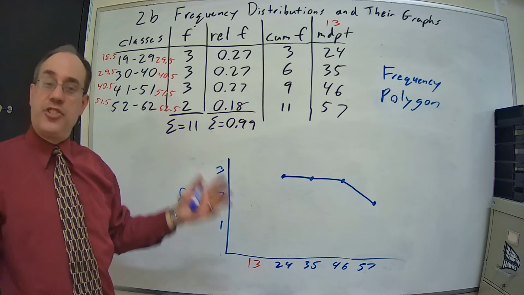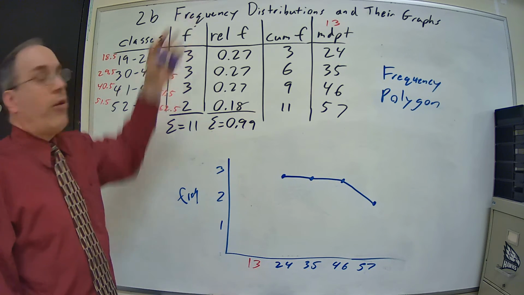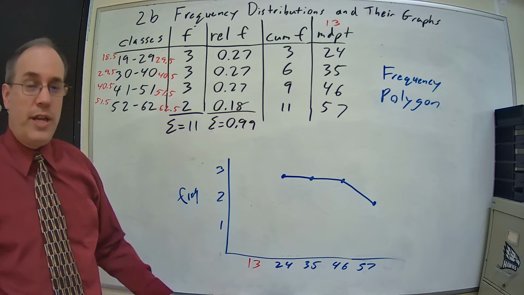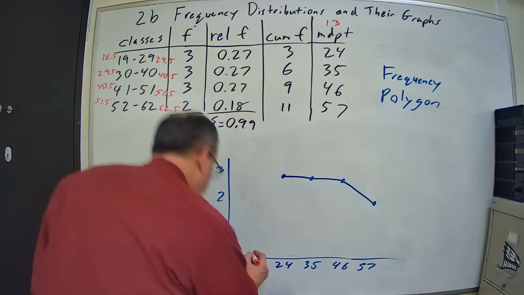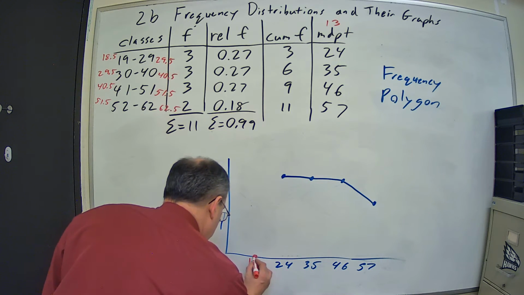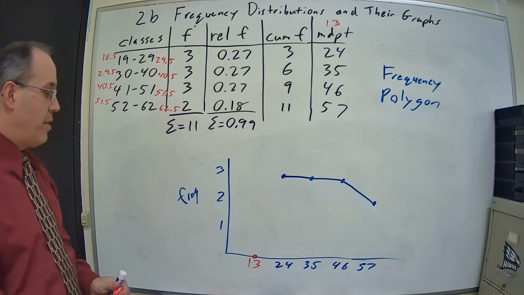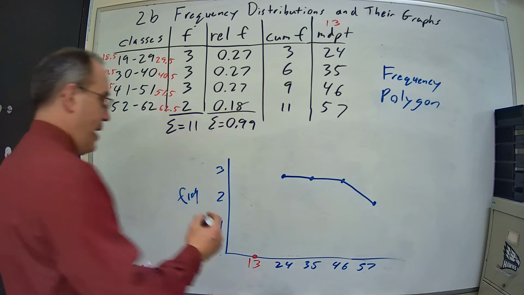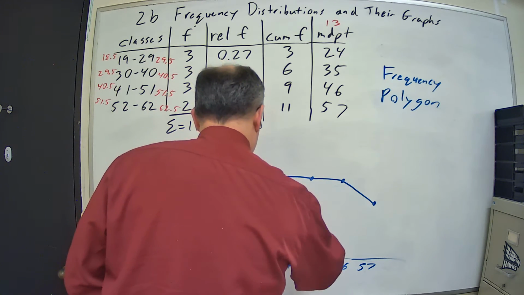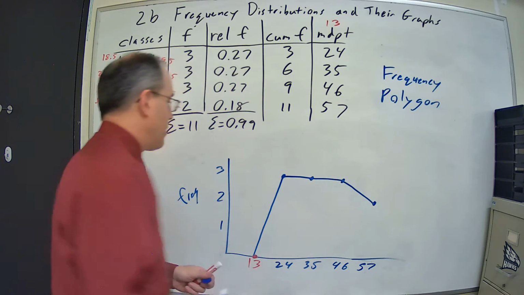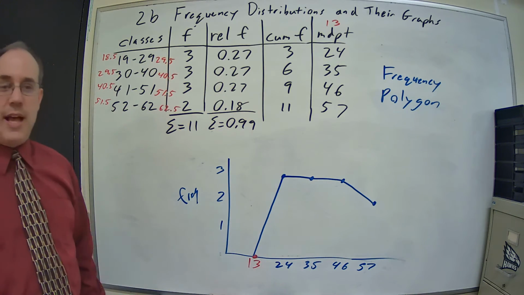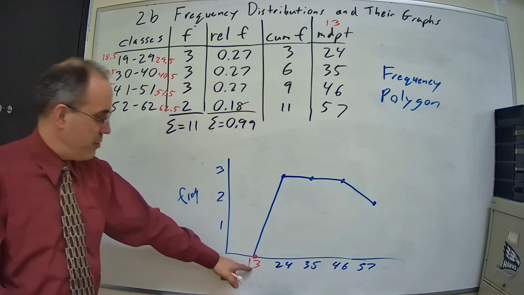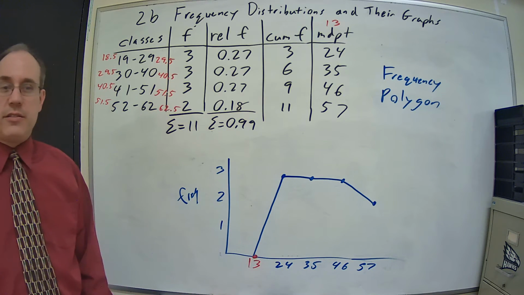Well, obviously 0, because it's before the data. No data happened there. So we're going to have a frequency of 0. Notice that now I can connect this first class frequency down to the x-axis.